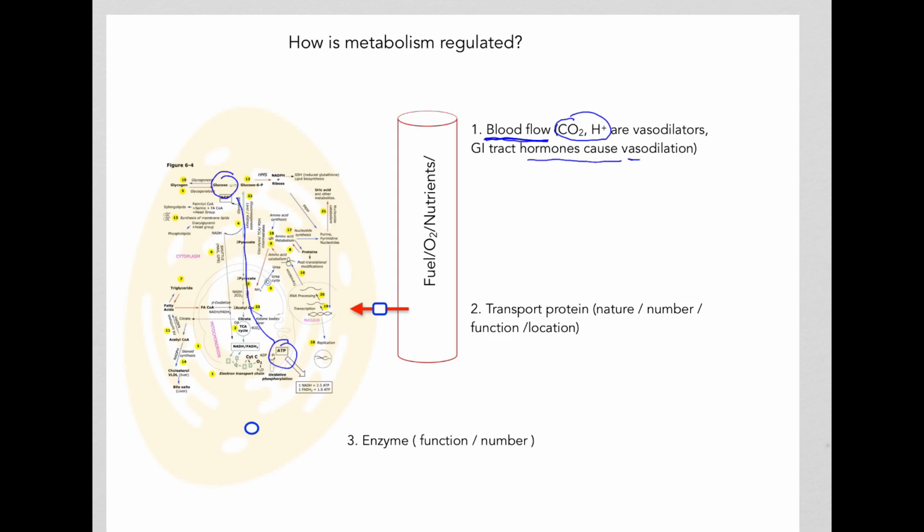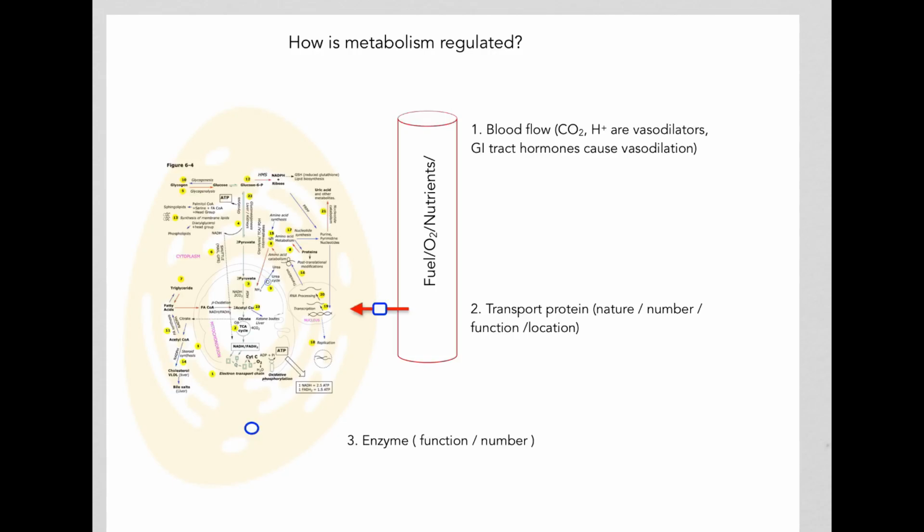And these chemicals can cause vasodilation. It can make the blood vessel bigger. And when the blood vessel gets bigger, there is more blood flow. More blood flow means more glucose will be able to enter the cell. And more glucose means the cell will be able to make more ATP.